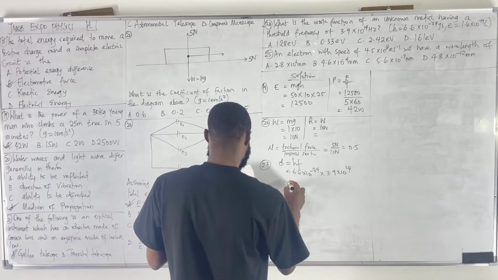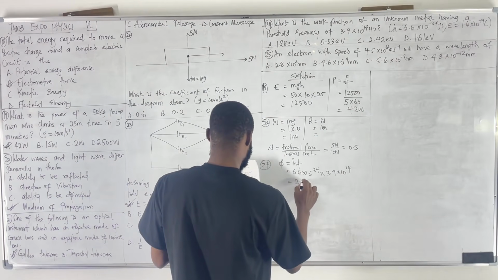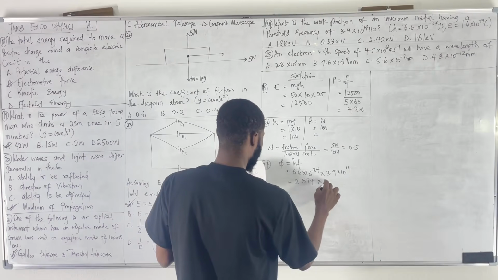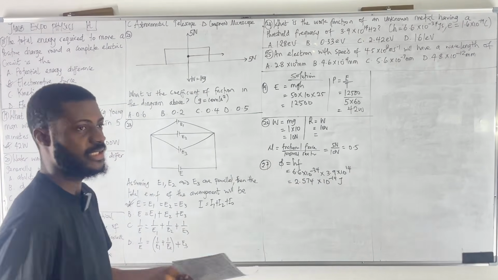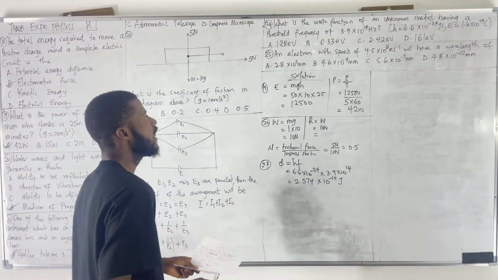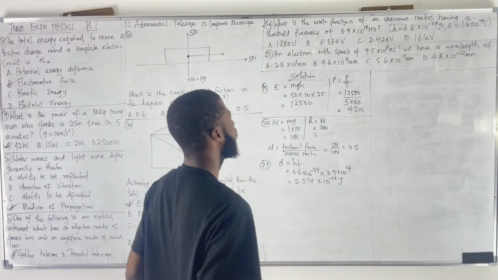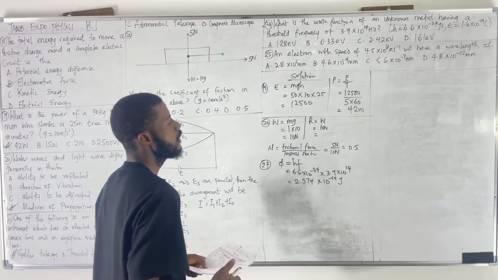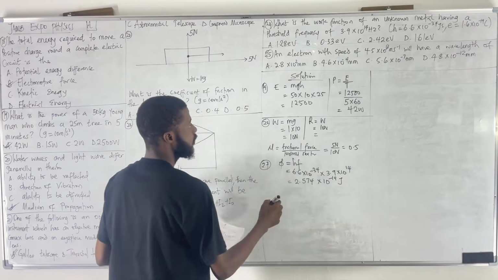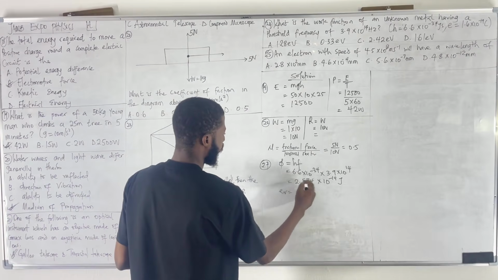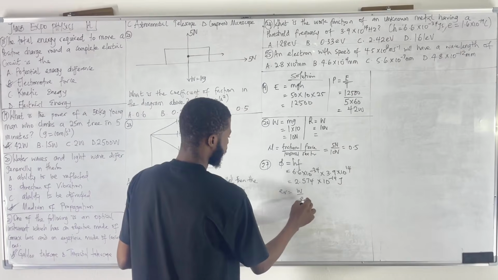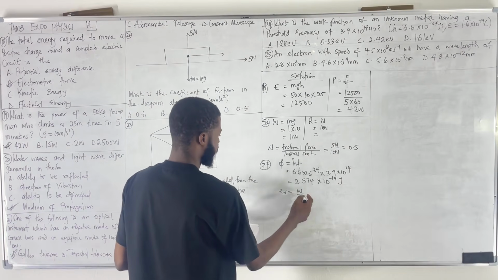So this will give us 2.574 times 10 to the power of minus 19 joules. So that's what we're going to be getting. It's a work, so it's in joules. But if you notice, the options are in electron volts. So how do we convert this? To change this to eV, the work that I've just done is divided by e, that's the charge.